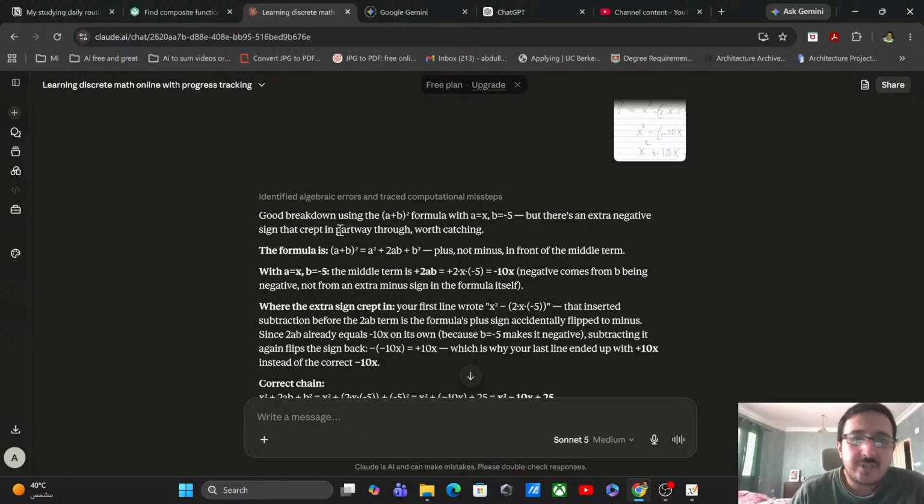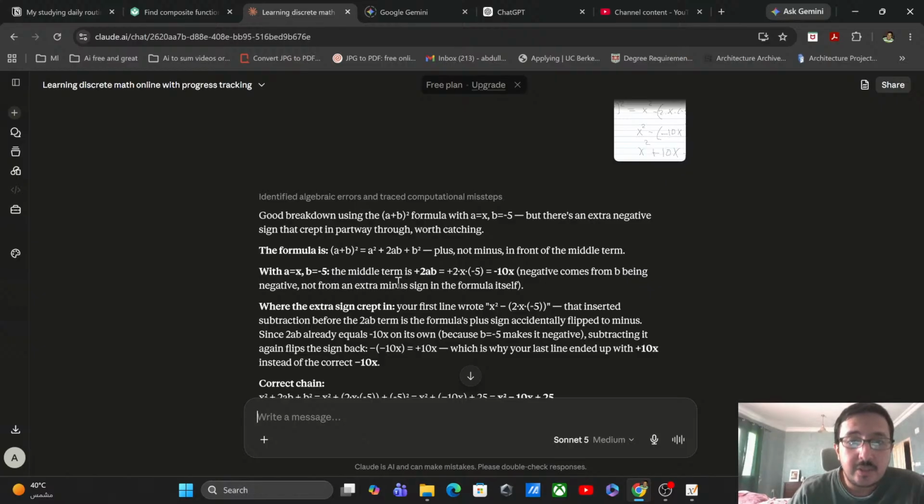There is an extra negative sign that crept in partway through. The formula is plus, not minus, in front of the middle term, with a equal x, b equal minus 5.